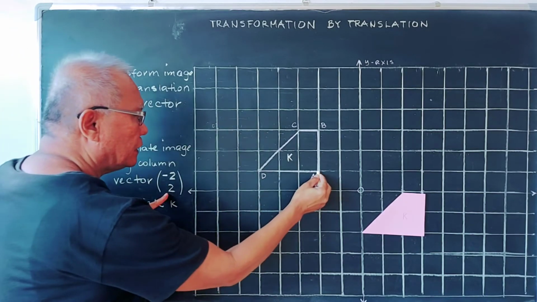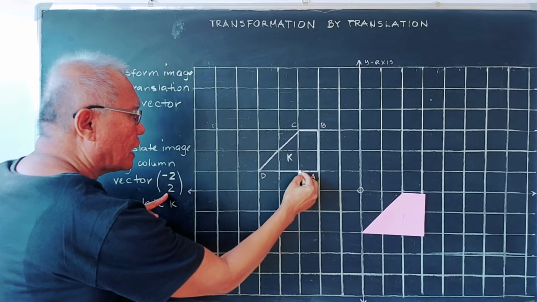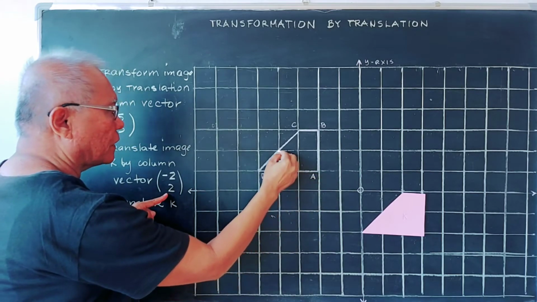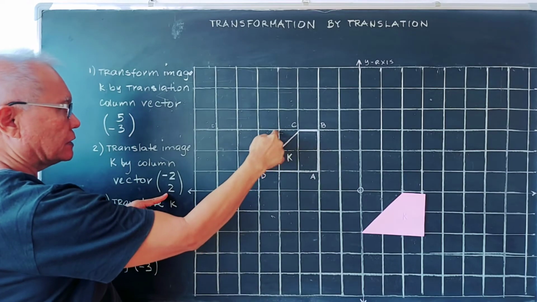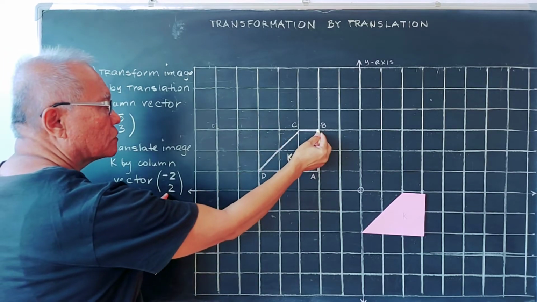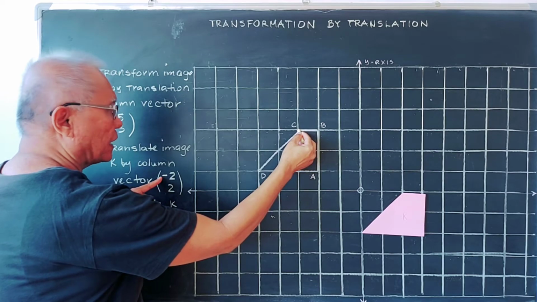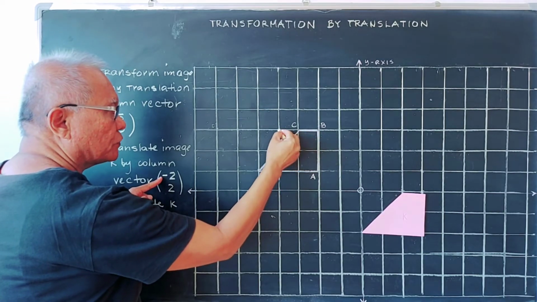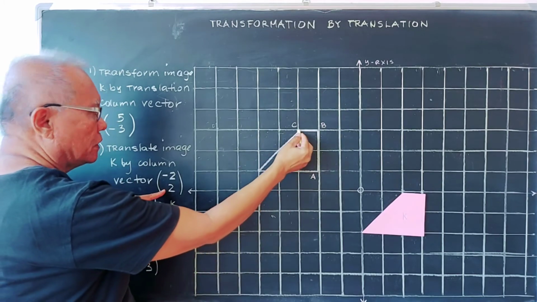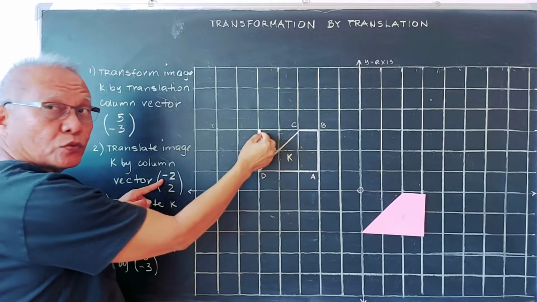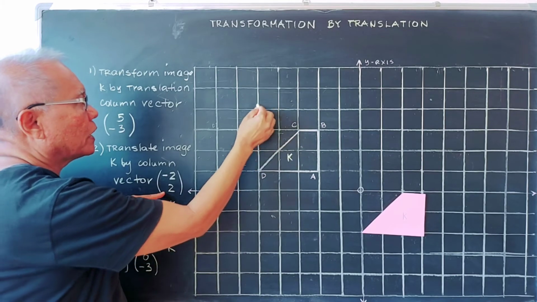And then A is -2, 1 and 2 and 1 and 2. So our letter A is there. About B, so for B we have -2 is -1, -2 and up 1, 2. So our B is here. For C it's 1, 2 and +2, 1, 2.